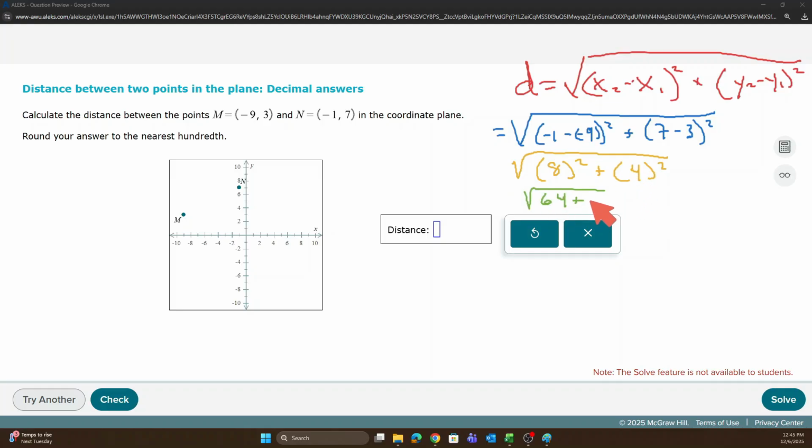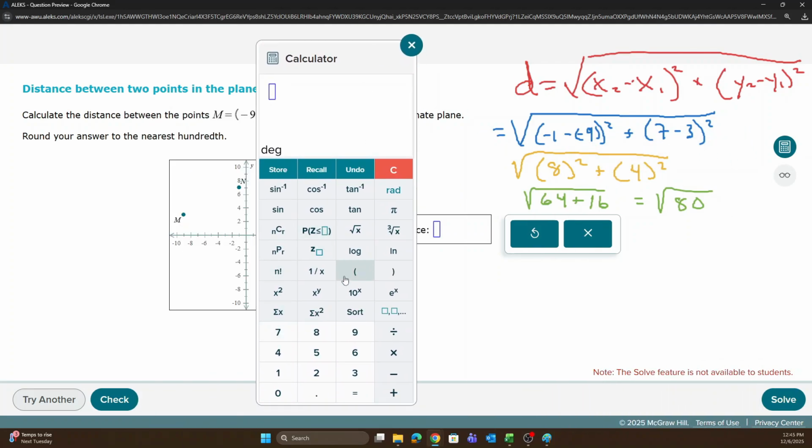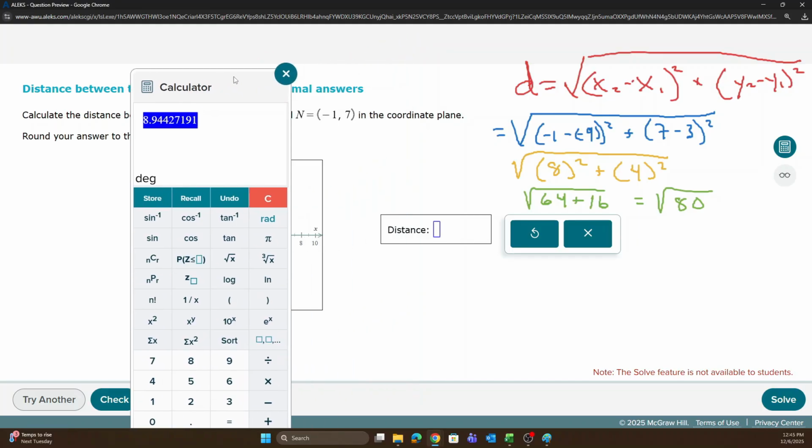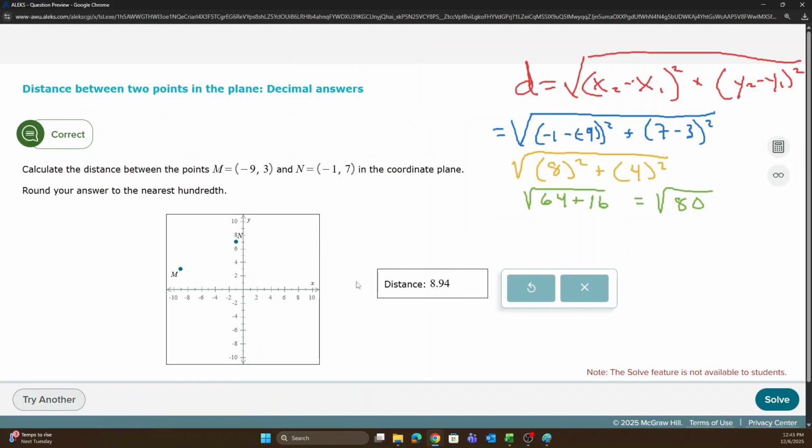And 4 squared is 16. 64 plus 16 is 80. So we're looking at the square root of 80, which is 8.94. So we're going to put in 8.94, hit check, and we got it. All right, that's going to be it for this problem set. So let's move on to the next.